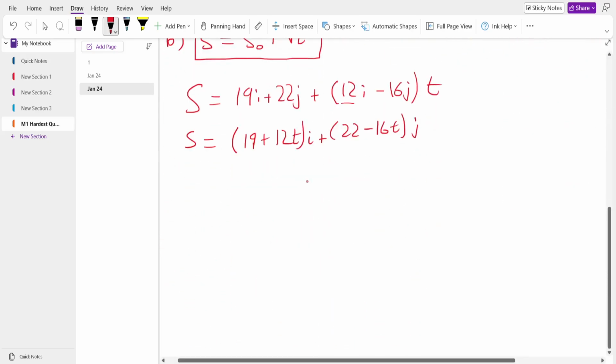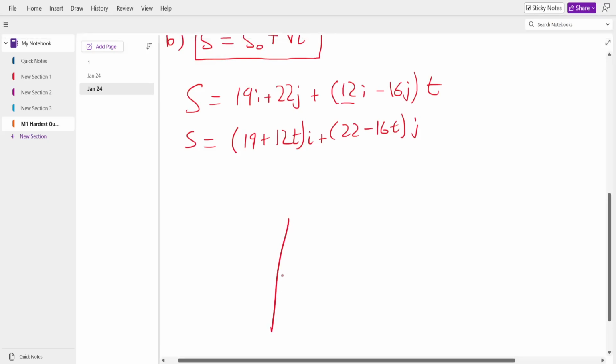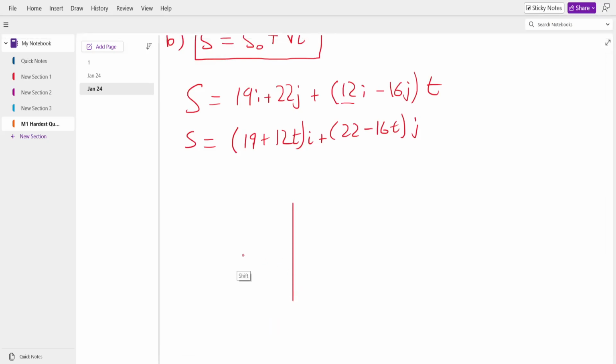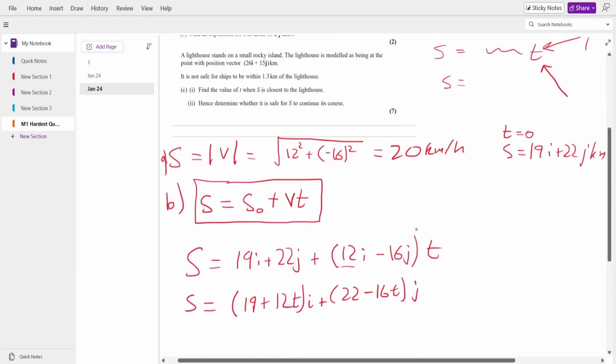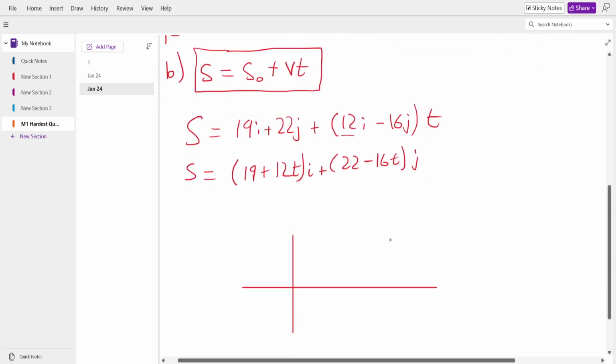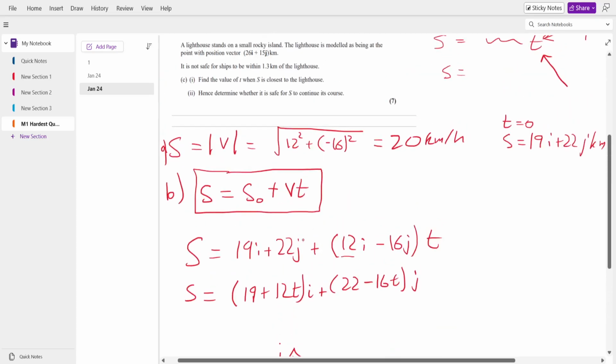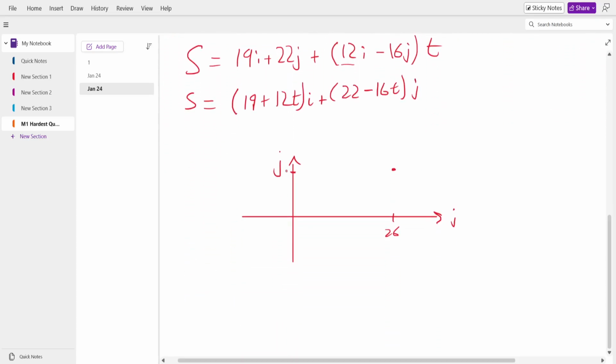Right. Let's think about what's happening here. We have our position vectors, and we have a lighthouse that is still, it's not moving. It's at a position vector of 26i plus 15j. So let's say around here, this is 26, this is i, this is j, and this is 15. Okay, so this is the lighthouse.